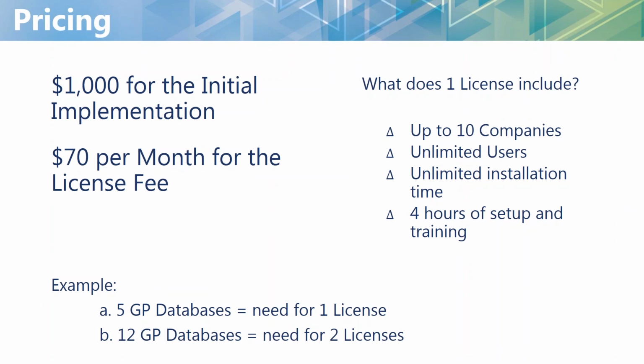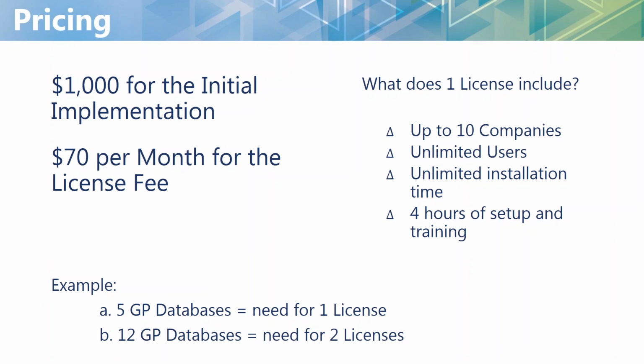Unlimited users, so whoever wants access to ActivReporter, we can help get that set up for you. Unlimited installation time, that seeding and syncing to connect your databases, and then 4 hours of setup and training. So anything, training team members or putting together financial reports or building custom filters, anything like that that you saw, we can help with.